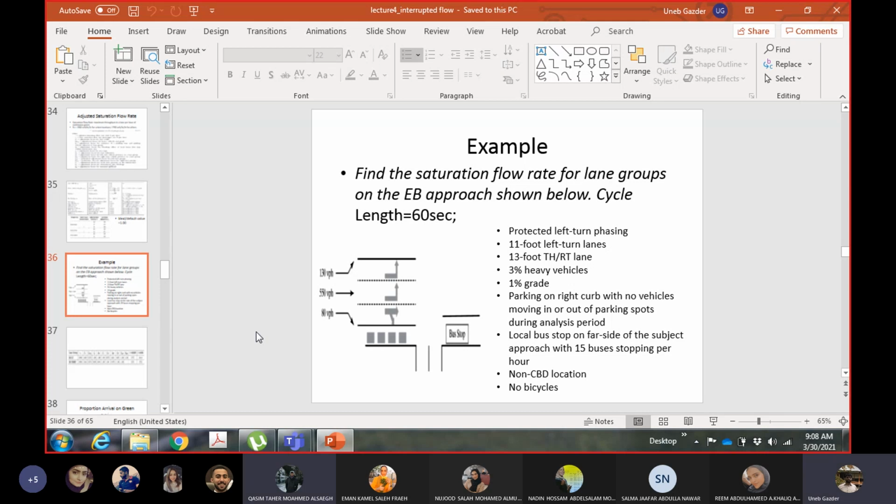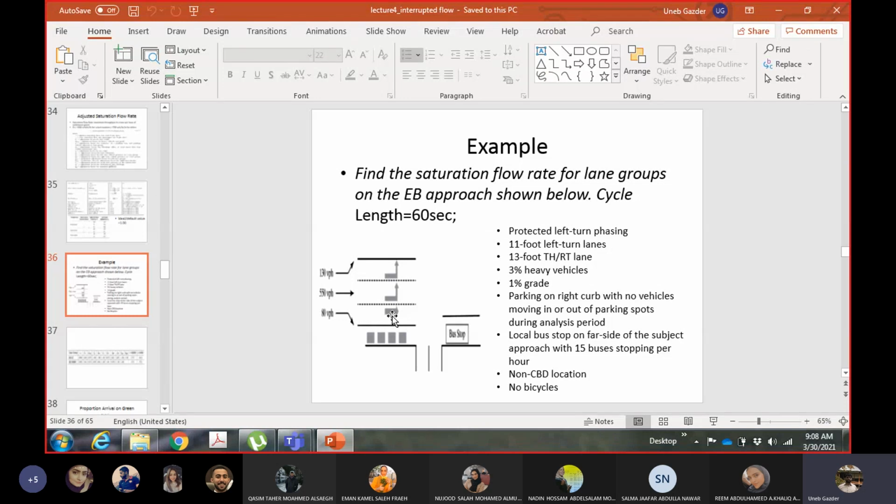Movement groups. So we have two movement groups, one consisting of two left turn lanes, obviously they should go together, and one with the through and right lane.